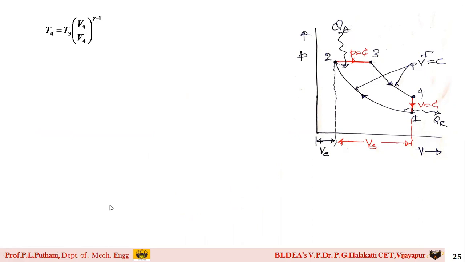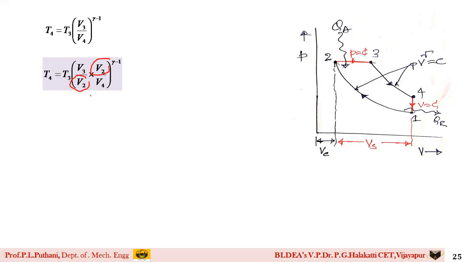Now, if you observe that, I can write T4 is equal to T3 into V3 by V4 raised to the power of gamma minus 1. Here, what I can do, students, I can make a small simplification or alteration. What I am doing here is I am multiplying this equation by V2 as well as dividing.